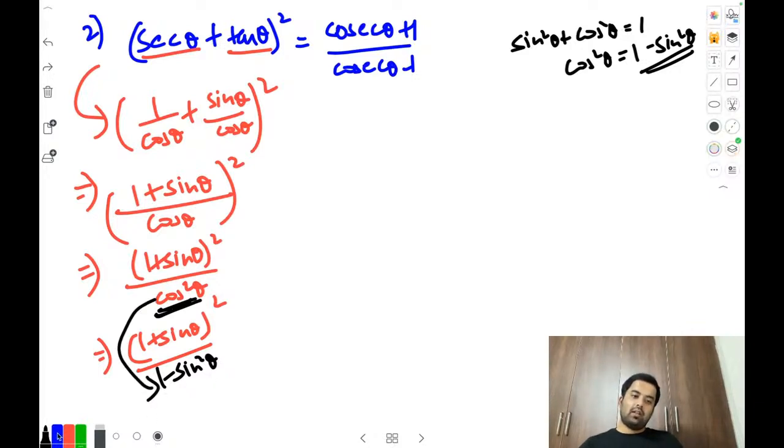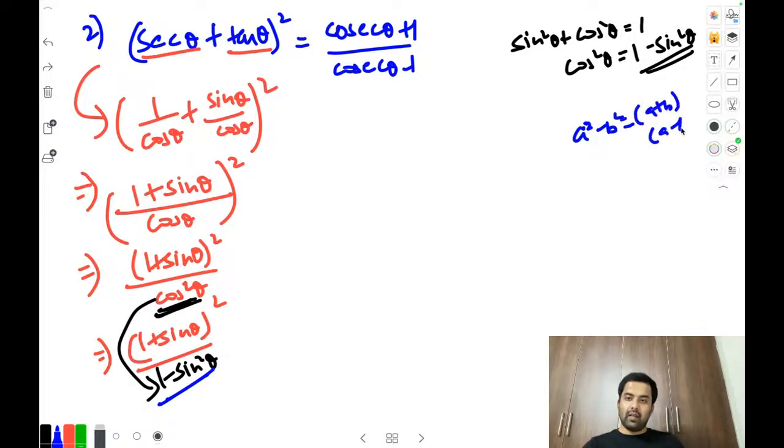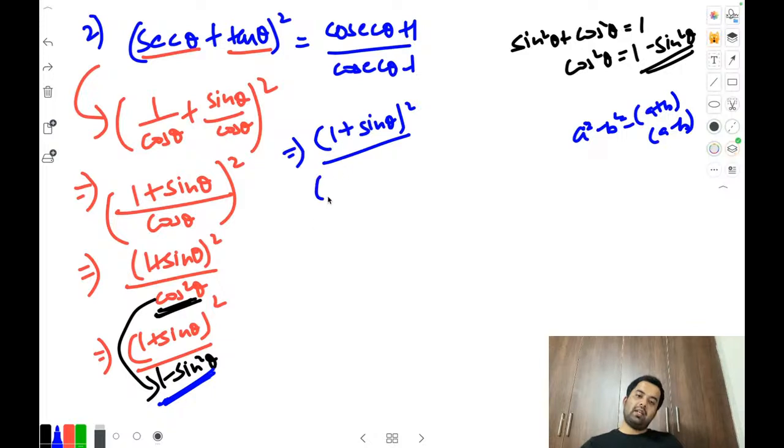Okay. Let me keep arrow also. See. Now next what we can do here, as you see, it is a pattern of what? A square minus B square. So it will come what? A plus B, A minus B. So 1 plus sine theta whole square divided by, at the place of 1 minus sine square, can we keep 1 plus sine theta and 1 minus sine theta?